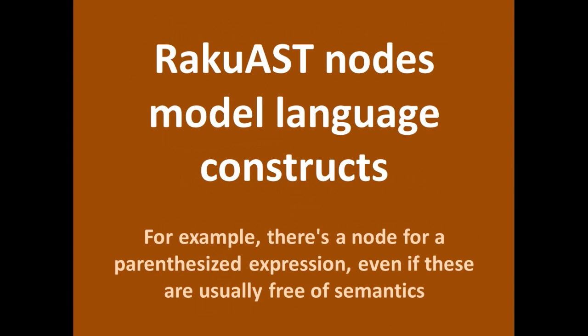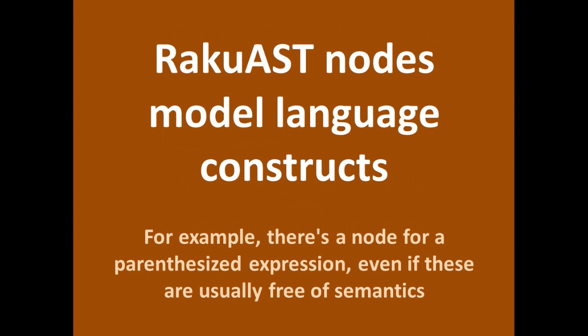So really, we can say that Raku AST nodes model language constructs. For example, there's a node for a parenthesized expression. Often just putting something in parentheses is pretty much free of extra semantics. For example, if I just wrap something in parens because I want to get an addition done before a multiplication, there's no real extra semantics there, but we still model the fact that these exist.